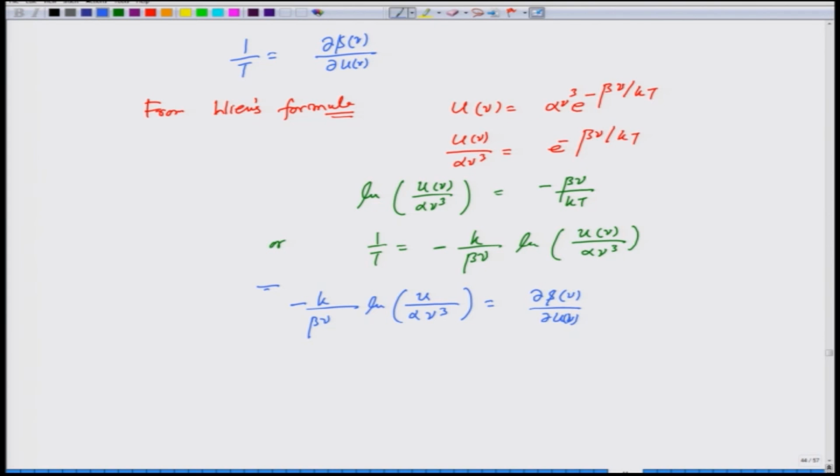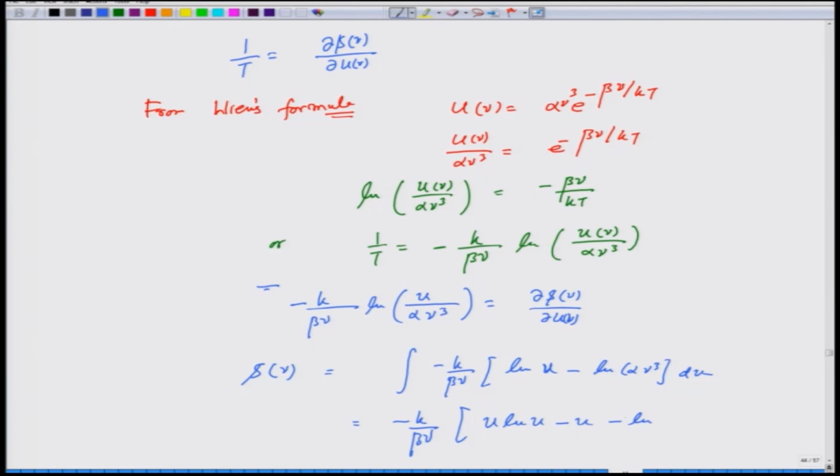We integrate this and we get small s nu equal to the integral of minus k over beta nu times log u minus log of alpha nu cubed, d u. Let me simplify this. So, let me see what we got.